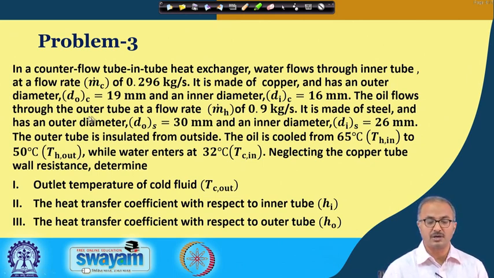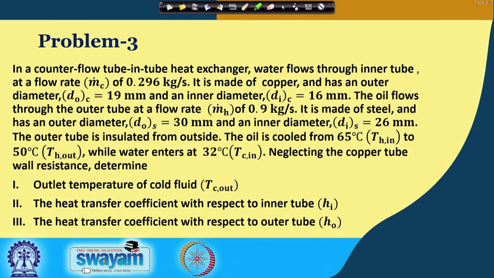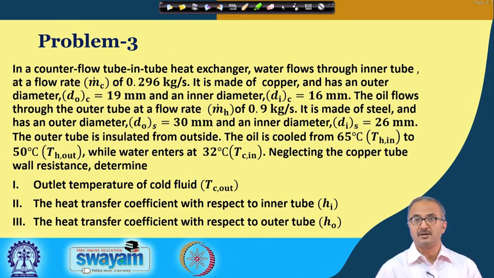The oil flows through the outer tube at a flow rate of 0.9 kg per second, denoted by this symbol, and it is made of steel. The outer diameter is this and the inner diameter is 26 mm. Again you can find the thickness is 2 millimeter. Obviously, because you want the heat exchange between the hot and cold fluid to be very efficient, you make the inner tube of copper, which has a very high thermal conductivity.